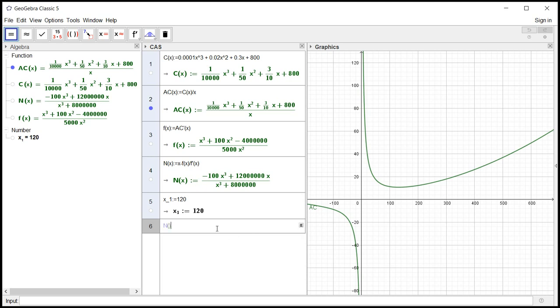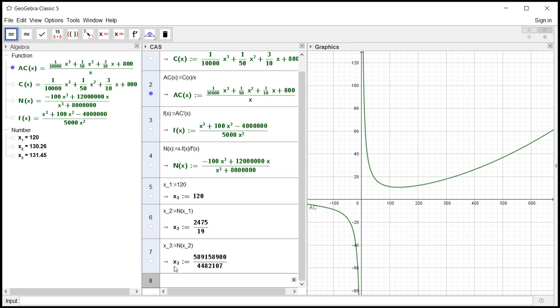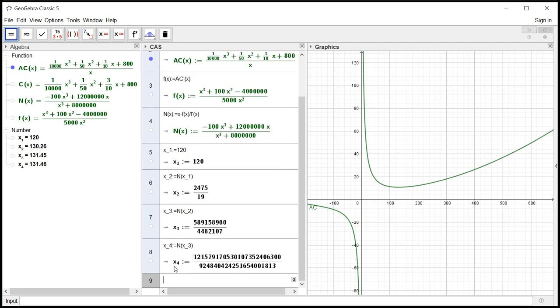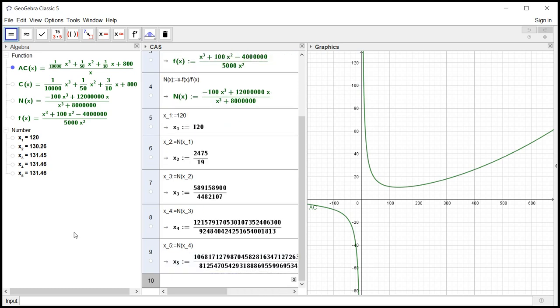Then x2 is just Newton's method, plugging in x1. x3 is equal to n of x2, x4 is equal to n of x3, and so on. I'll do one more: x5 is equal to n of x4.